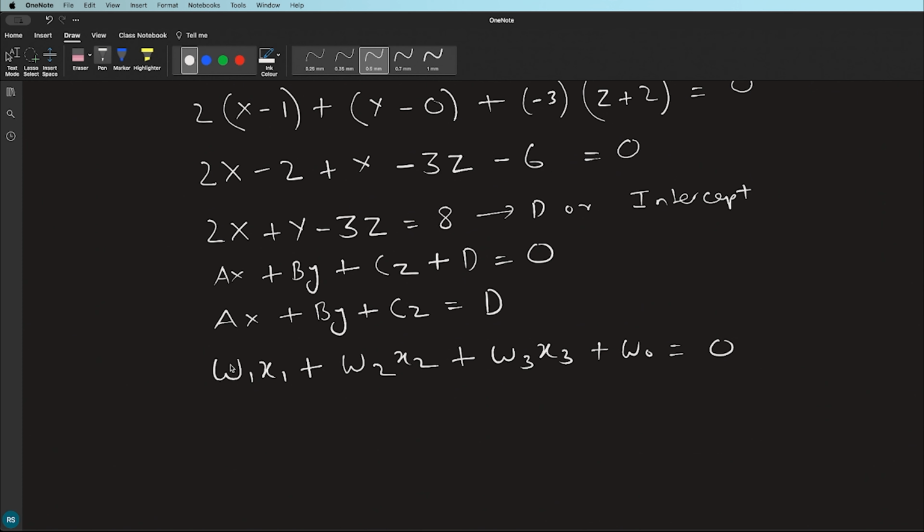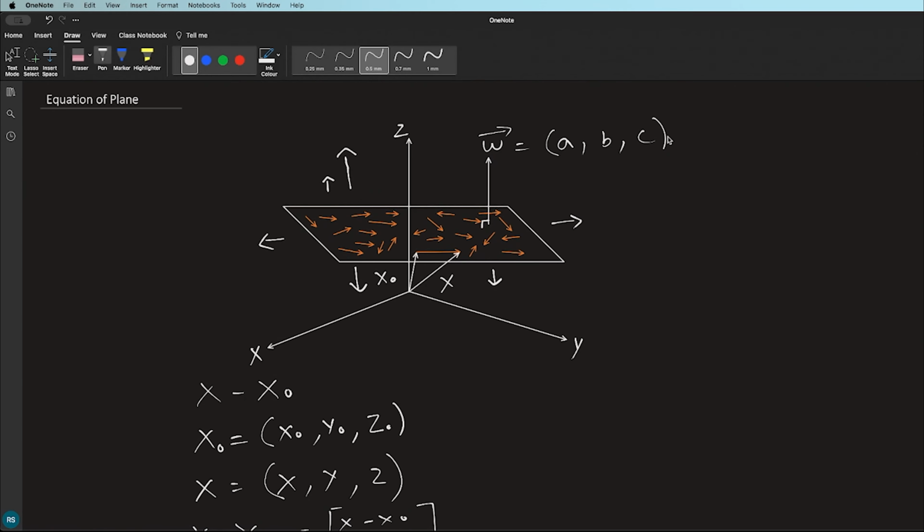So here w1 denotes a, w2 denotes b and w3 denotes c. These w1, w2 and w3 are nothing but the components of this vector w on the plane.